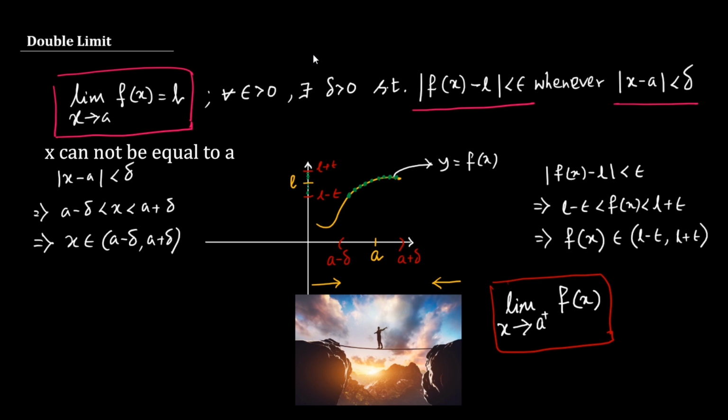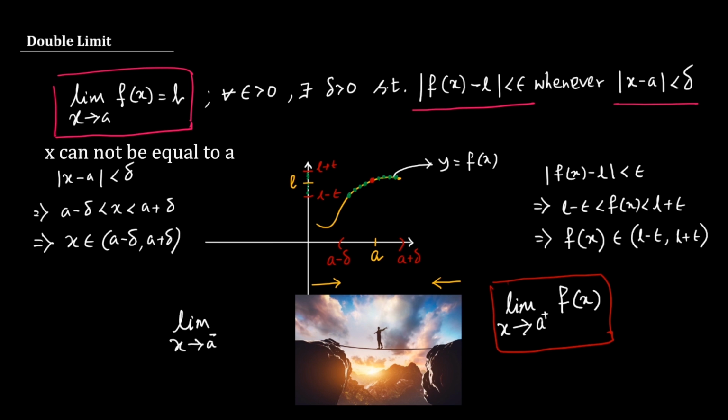So if the scenario is this, and this is your corresponding value of a, whenever your x takes values which are lesser than a, that means whenever the variable point approaches a from the a minus delta side, then to whatever value y or f(x) approaches is known as the left hand limit and denoted as limit x tending to a minus f(x).